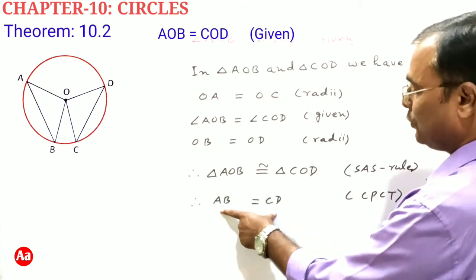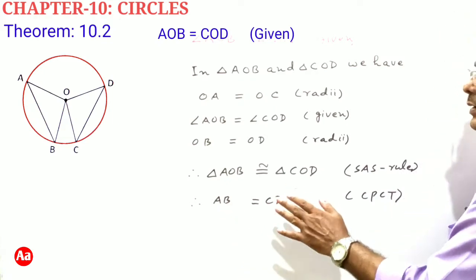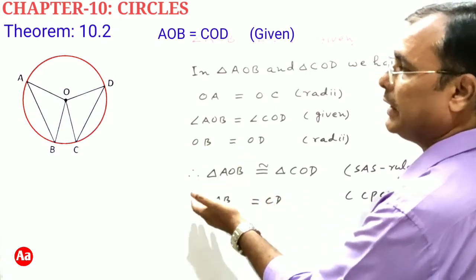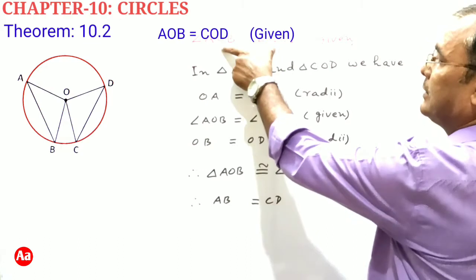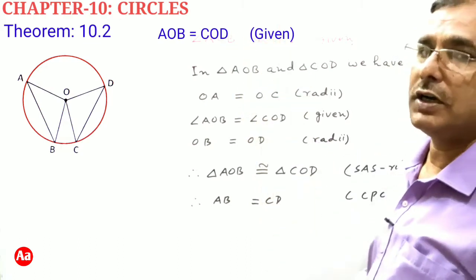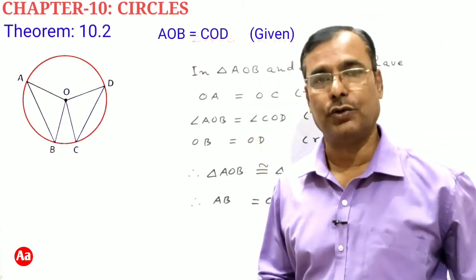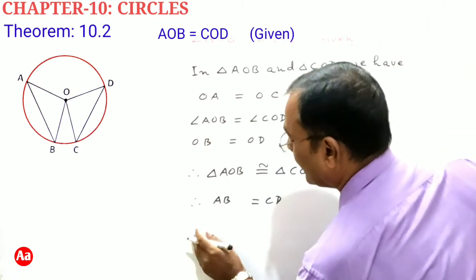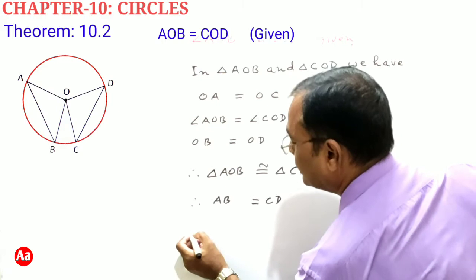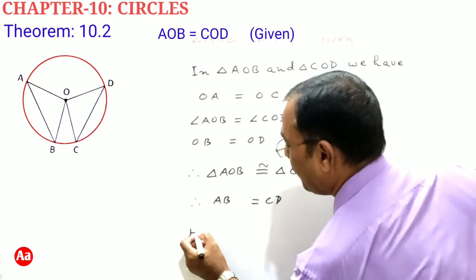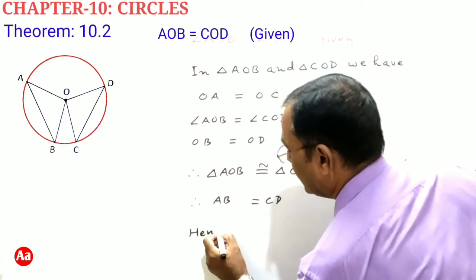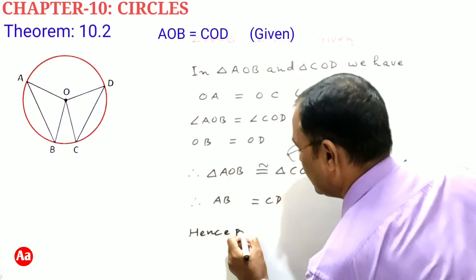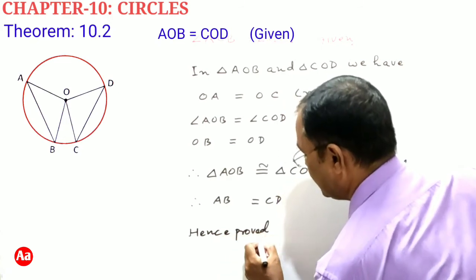Proving AB equal to CD proves that if angles subtended by chords of a circle at the center are equal, then chords are equal. Hence proved.